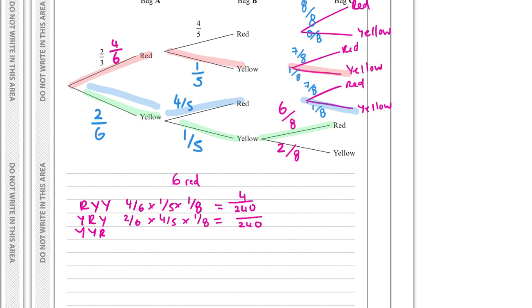And 2 times 4 times 1 is 8. Then the next one, we're going to have yellow, 2 over 6, times 1 over 5, times 6 over 8. So again, over 240, what are we going to have? 2 times 6 is 12. So 12 plus 8 plus 4, 24 over 240 is in fact 1 over 10.